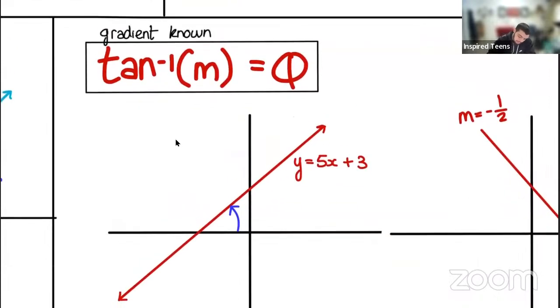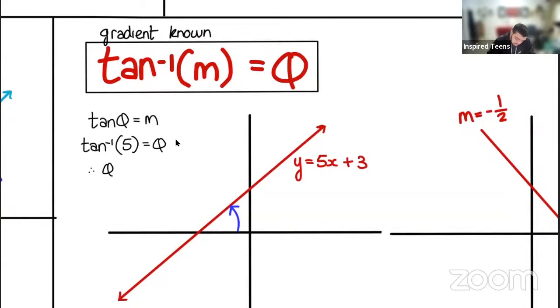I follow this formula. You could even write it out as tangent theta equals gradient. Because you know the gradient, to sub it in there, you have to say shift tan. The gradient here is 5, and that's going to give me theta.